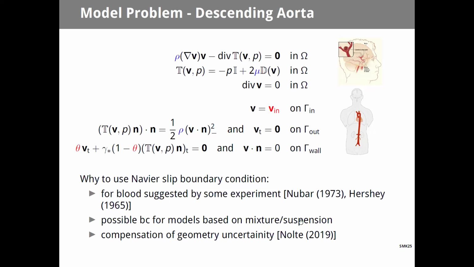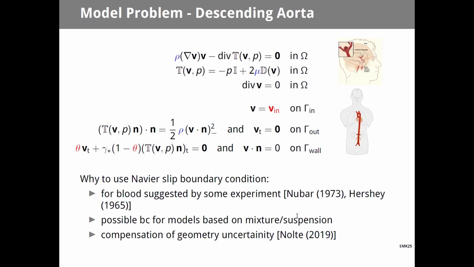So you have some indications. One is there are some old experiments with blood in some apparatus where originally they measured the non-Newtonian viscosity, but they found out that in simple flows they can fit the data equally well by some Navier slip on the boundary.